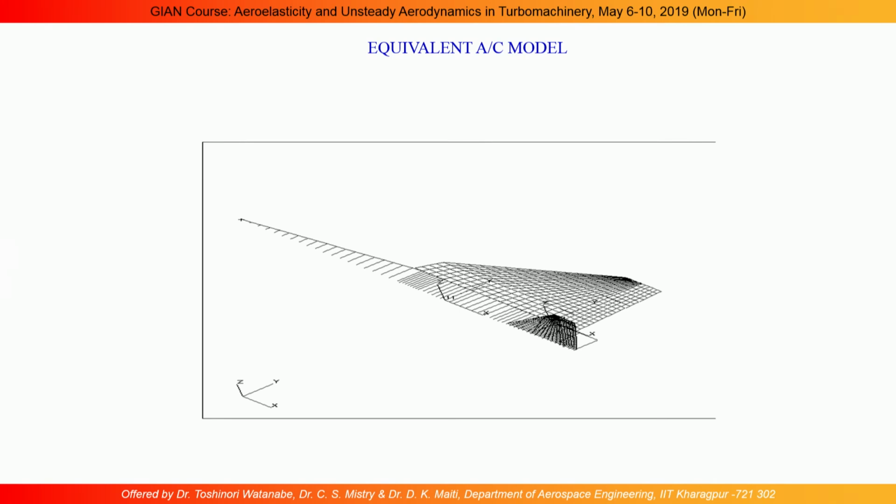With this type of simple configuration, I can do maneuvering simulation. Without control surfaces, I cannot do any maneuvering simulation. But with a fixed wing, without control surface, I can do the flutter analysis.